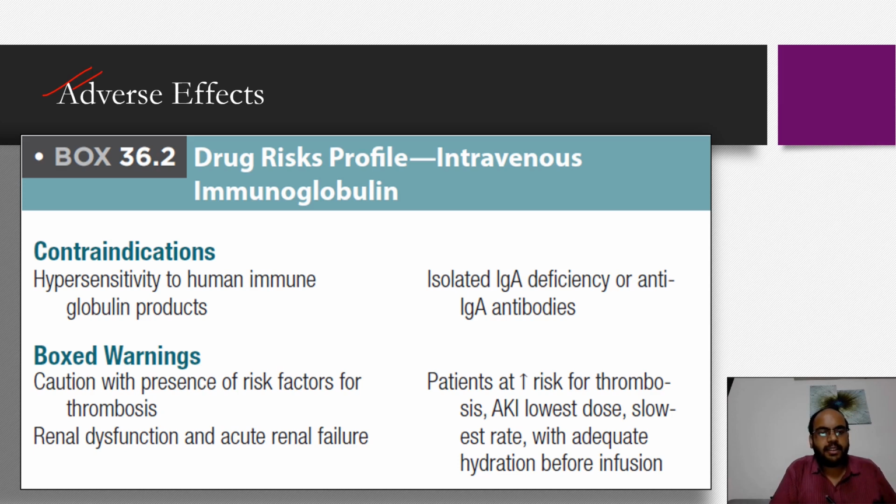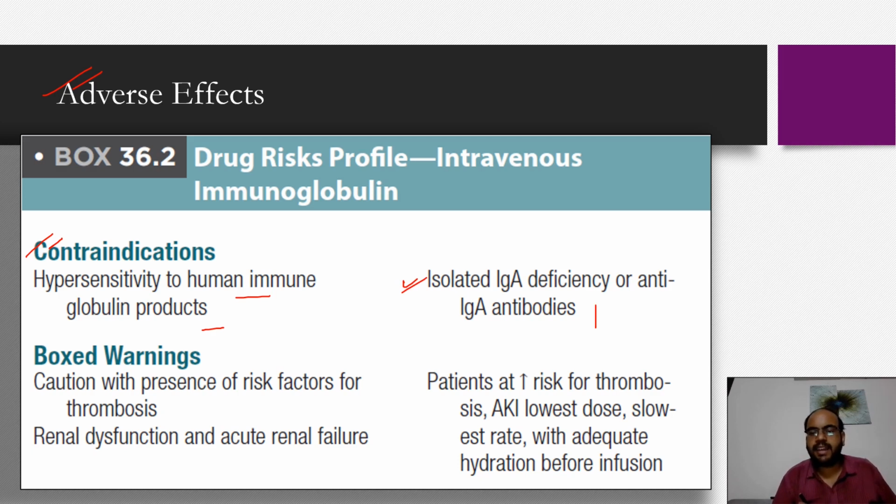Now, adverse effects, the contraindications when you have hypersensitivity to human immune globulin products. So remember, all the absolute contraindication means if you're allergic to a drug, you cannot use that drug. Isolated IgA deficiency or anti-IgA antibodies.